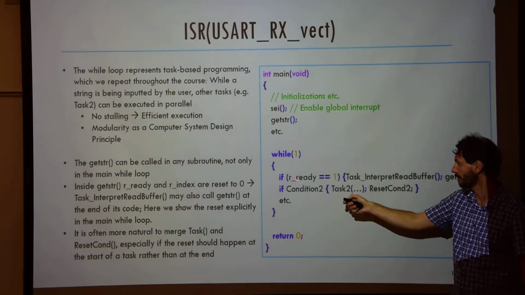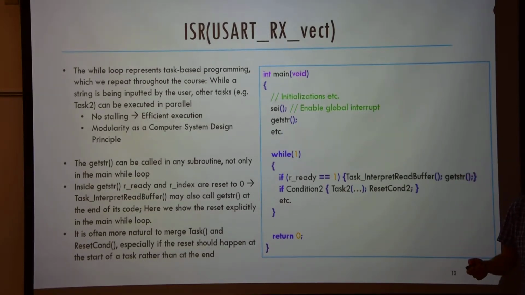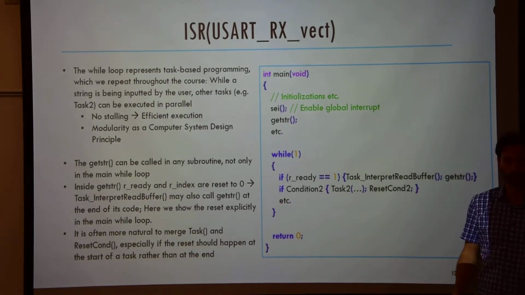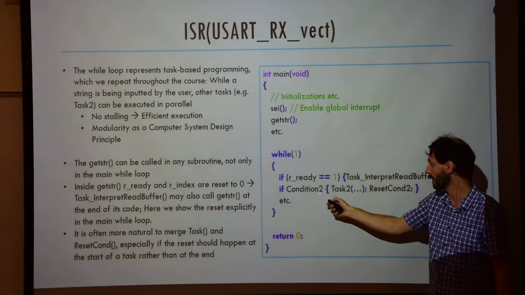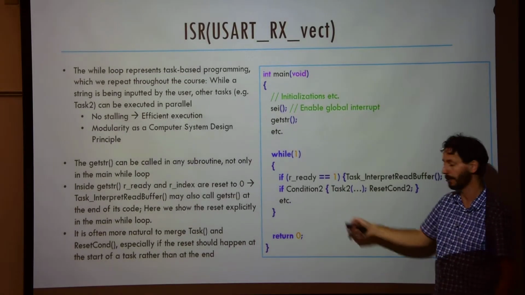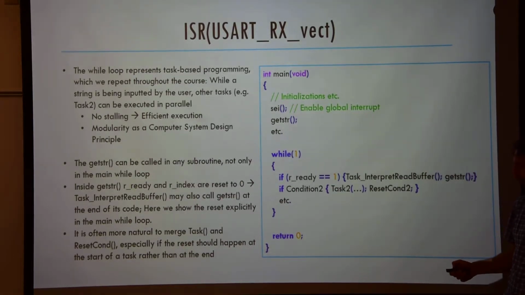If a condition is met, I'm ready to execute a task, then you do it. But otherwise, try to find some other task that you can execute. For example, if this condition is met, I could execute this. I don't have to wait in my blocking fscanf for this while loop that I need to execute in my get character. So I can actually really make use of my resources in an efficient way.